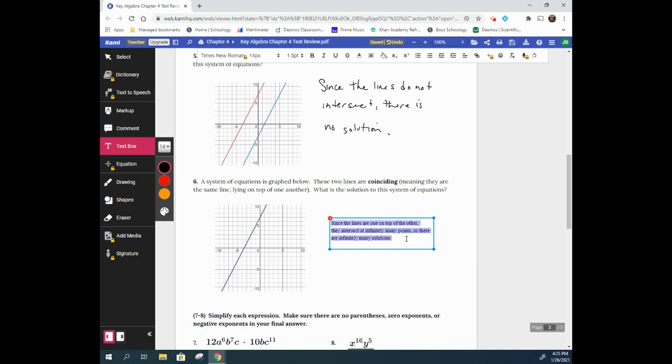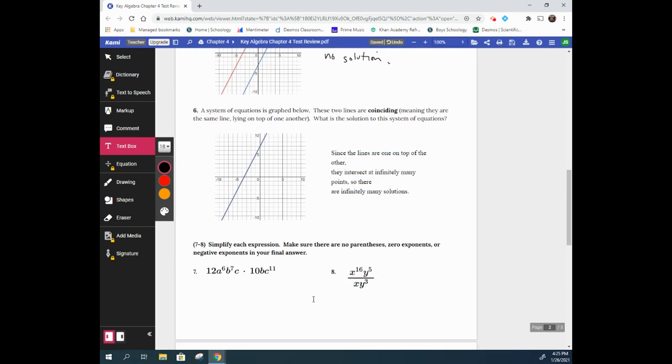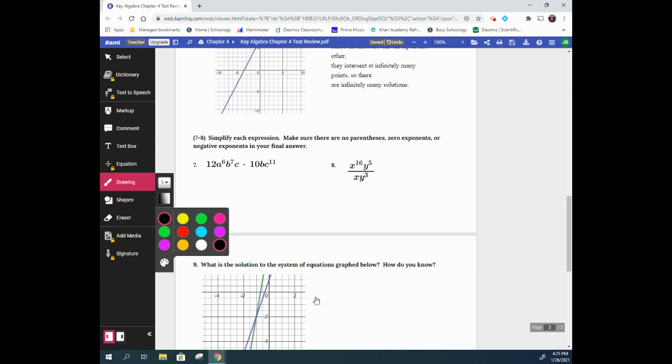All right, let's take a look at this next one, 7 and 8. Simplify each expression. Make sure there are no parentheses, zero exponents, or negative exponents in your answer. This first one, I'm multiplying these, and then here I'm dividing. When I'm multiplying, you can think of it as having little dots in between each of these.